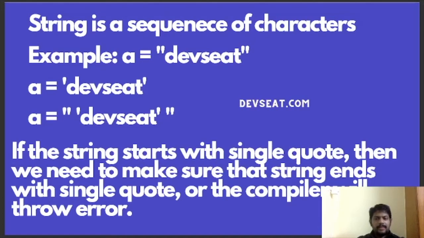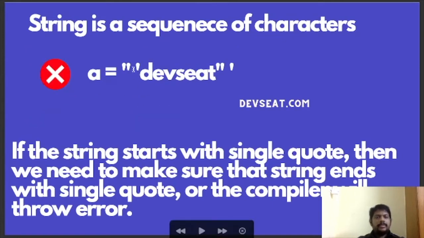If the string starts with a single quote, we need to make sure that the string ends with a single quote only. If your string starts with a double quote, we need to make sure that the string ends with a double quote only. And this is not a valid example, because your string is starting with a double quote and then a single quote, but it is followed by a double quote instead of a single quote. This is an invalid string.